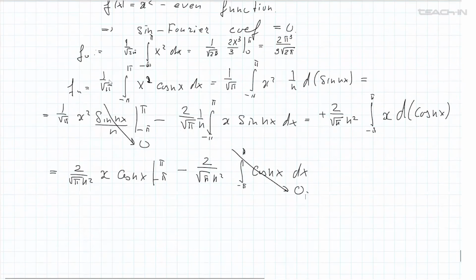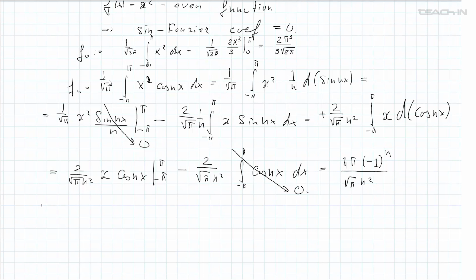And then we obtain only 4 pi minus 1 power n over n square, because we have an even function and symmetric.